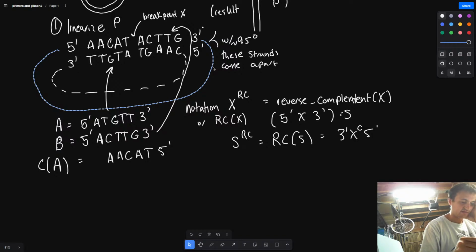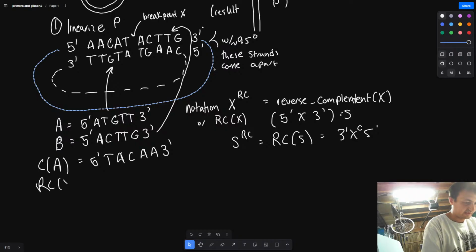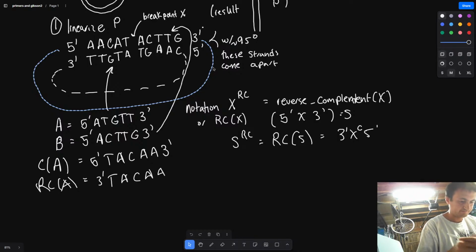The complement of A would be 5 prime T A C A A. Then the reverse complement of A will be 3 prime T A C A A 5 prime.